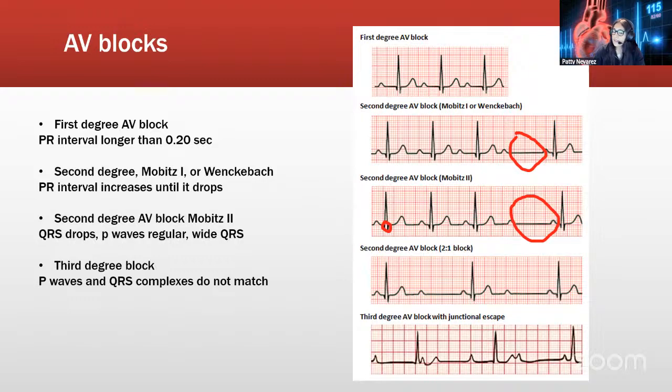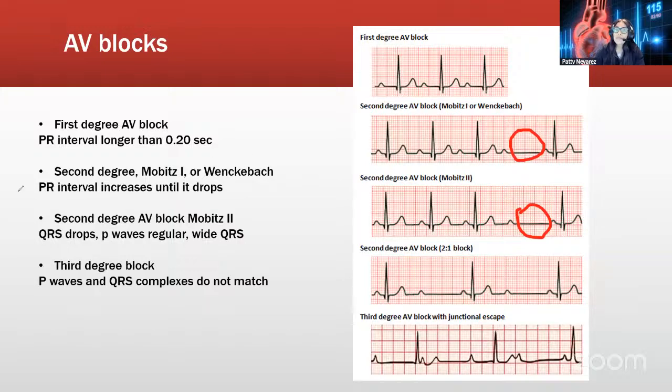So in both second degree blocks, there's a drop in the QRS, and then we want to identify which one it is, Mobitz 1 or Mobitz 2. We're going to take a look at the PR interval. If it increases, prolongs on every beat, and then the QRS drops, then it is Wenckebach, or Mobitz 1, second degree type 1.